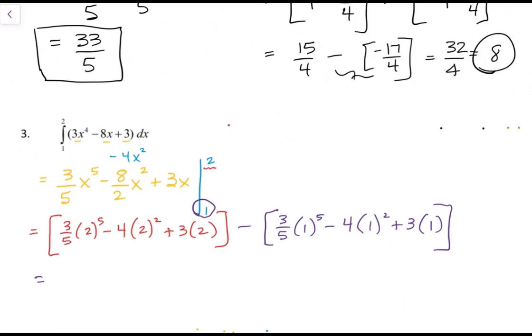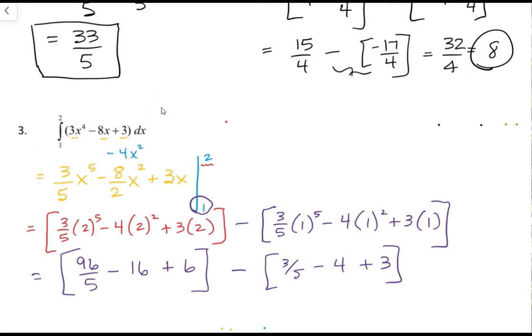Okay, so if we do this arithmetic, let's see, 2 to the 5th power is 32, times 3 would be 96 over 5, minus 2 squared is 4, so that's 16 plus 6. And over here, the nice thing about that, those are all 1s, so this is just going to be 3/5 minus 4 plus 3.